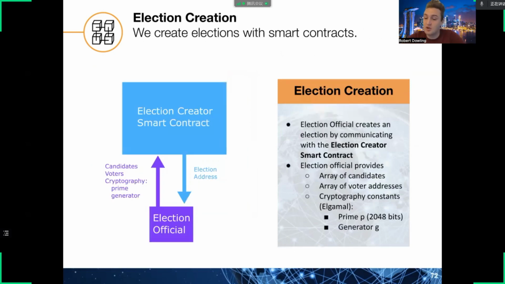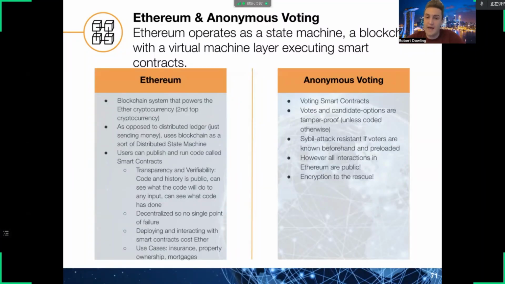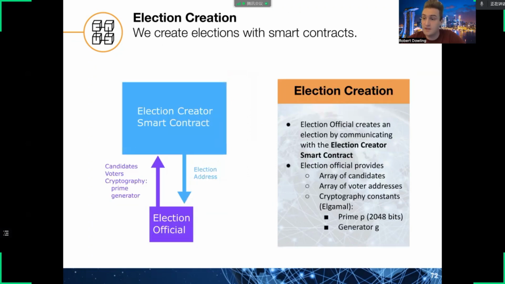So there's some encryption going on here to allow for that level of anonymity and privacy associated with these votes, and the votes are a transaction. So just walking through how the app actually works, you have the creation of the election by the election creator smart contract.